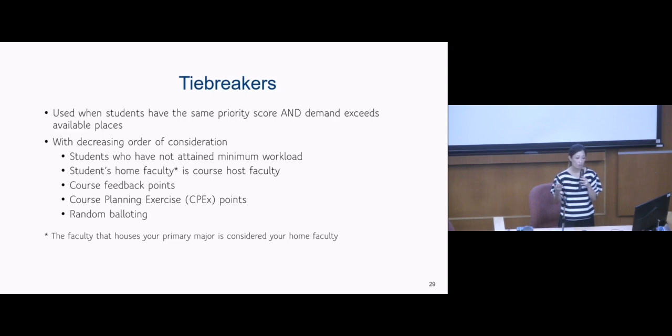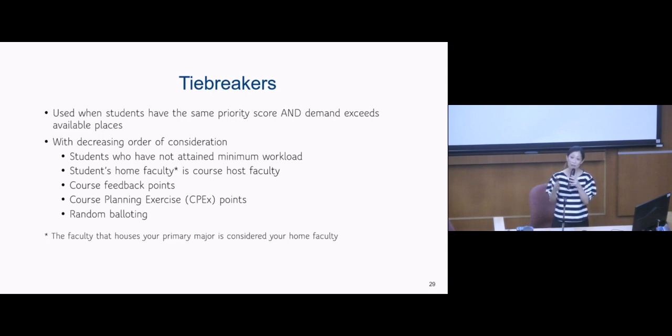Your home faculty is the faculty of your primary major. So if you declare your first major as Chinese studies or philosophy or anthropology, your home faculty is the Faculty of Arts and Social Sciences. Course feedback points are not applicable to you right now, but will kick in after semester 1.